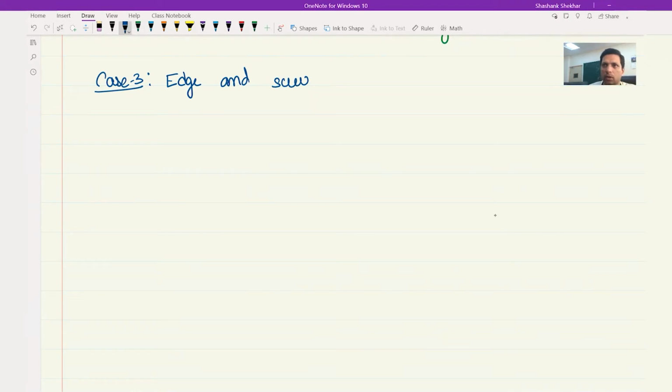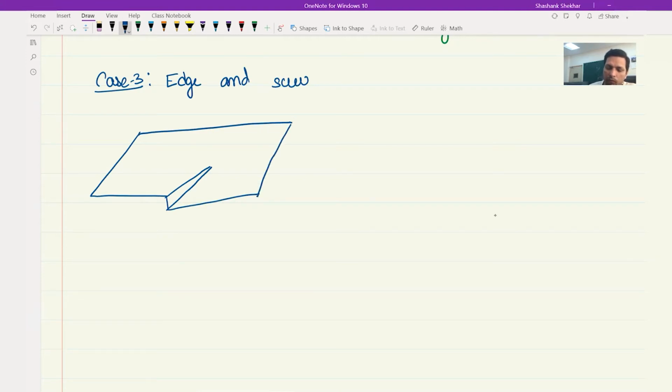So let's say that this is a plane which has a screw dislocation over here. So let me draw it like this.